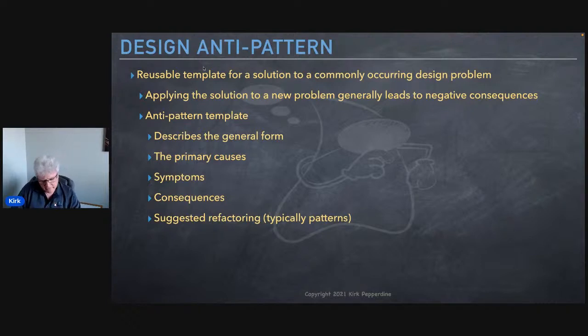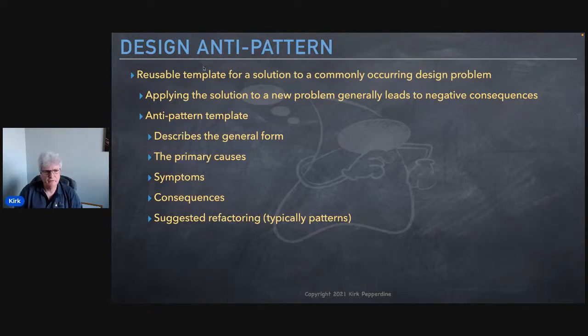And it's very strange because these might be widely accepted ways of doing something where people haven't really realized the negative consequences of employing these particular design choices in their applications. And really, the anti-pattern template follows what we see with a pattern template.